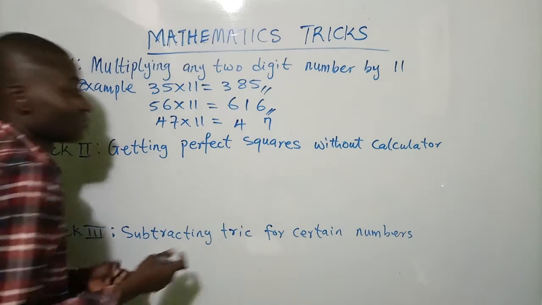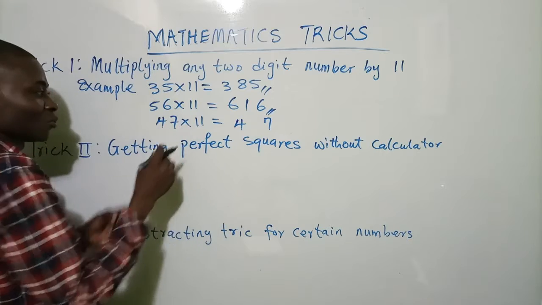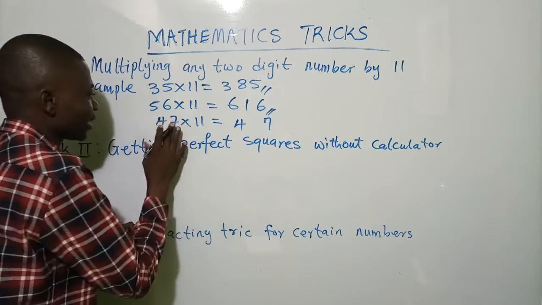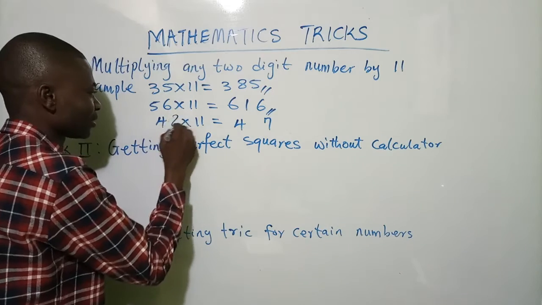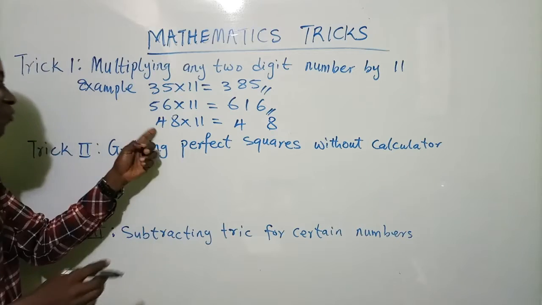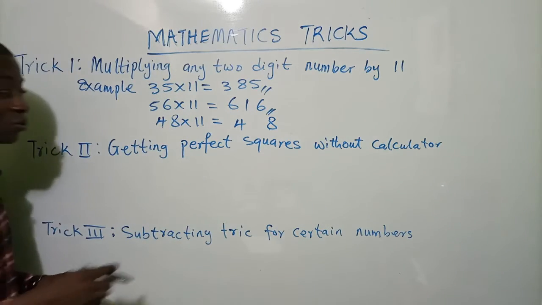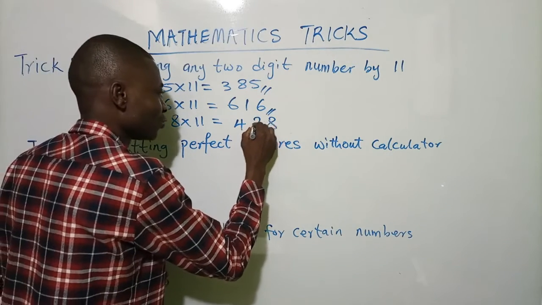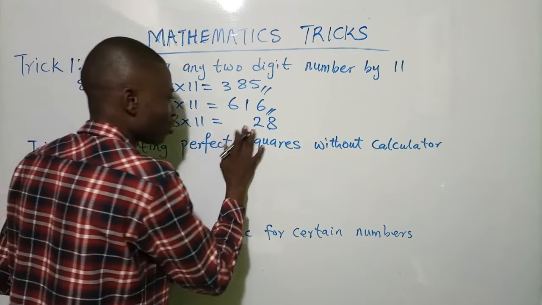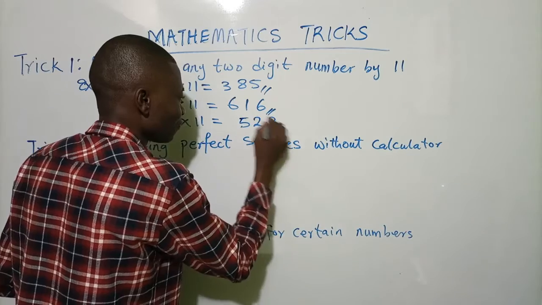Oh, still 11. Well, no problem. Let's try 48 instead, so that you open it up. 4 plus 8 is what? It's 12. What do you write down? 2, carry 1. You add the 1 to this 4, so it becomes 5.